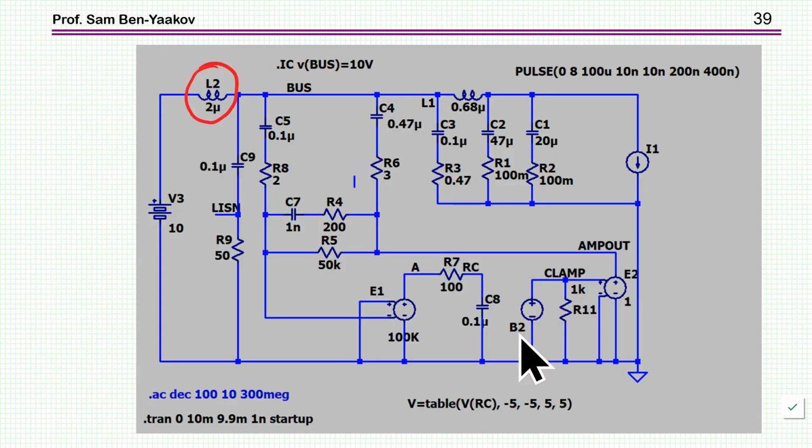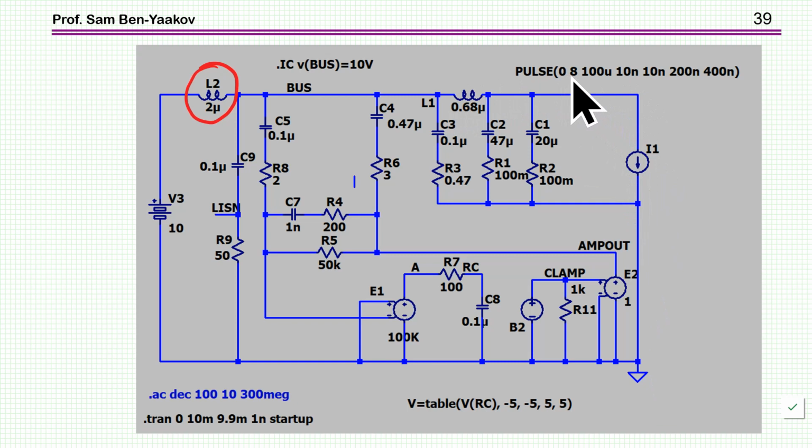Now, as the saying goes, the proof of the pudding is in the eating. So I've actually set up the whole schematic to test the circuit in the time domain. This is a transient analysis here. In this case, we have a pulsating current source, which is sort of emulating the buck converter.